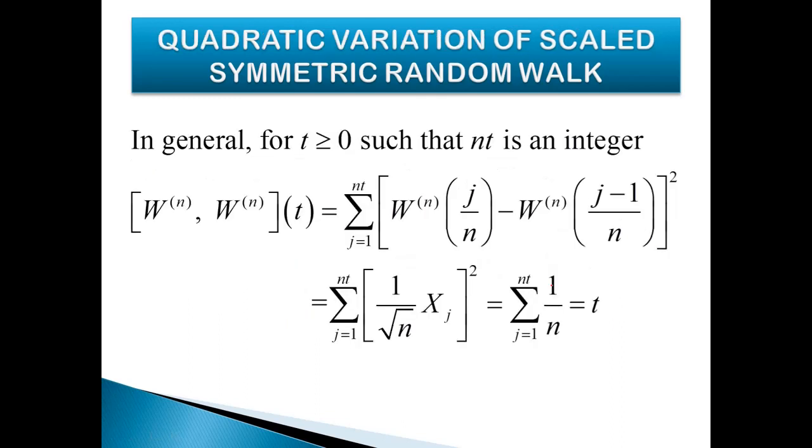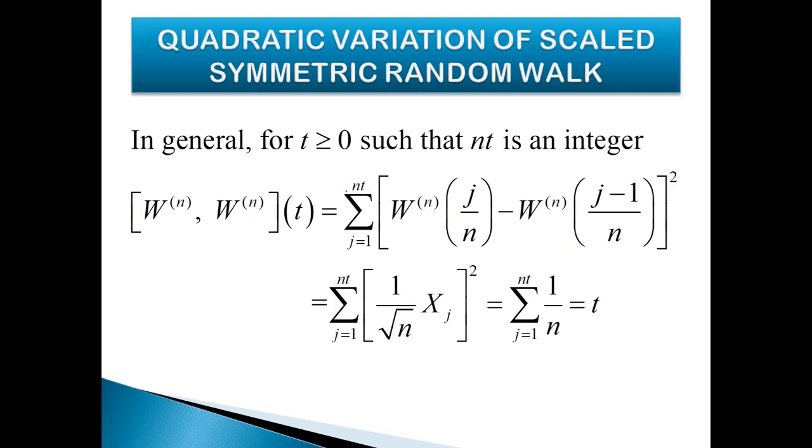The next one is the quadratic variation. There's a slight difference here. If you consider Wn, basically what you want to do is take the summation over j equals 1 to nt.